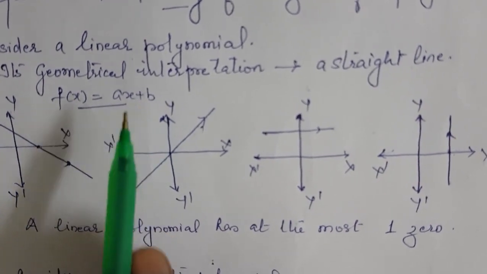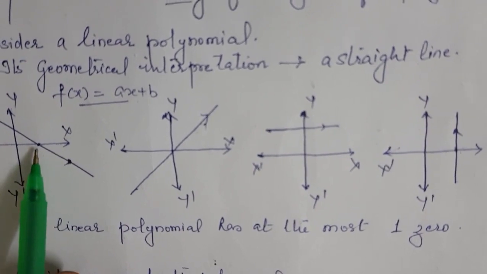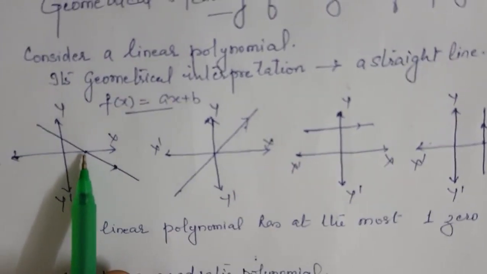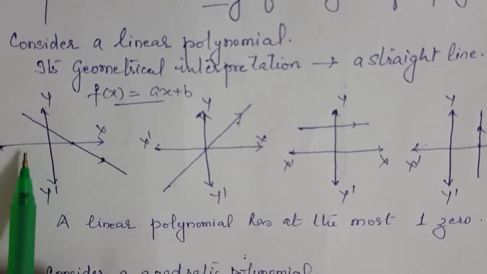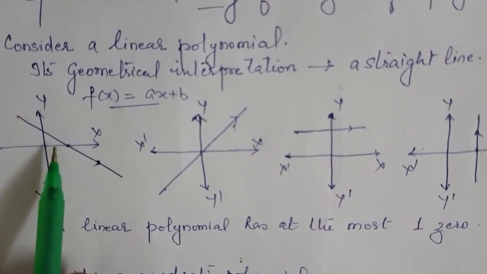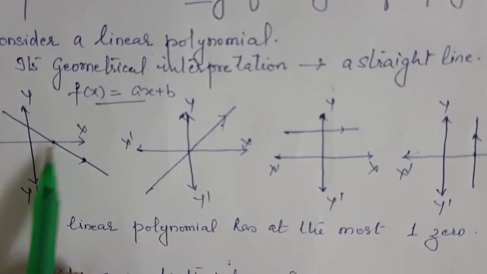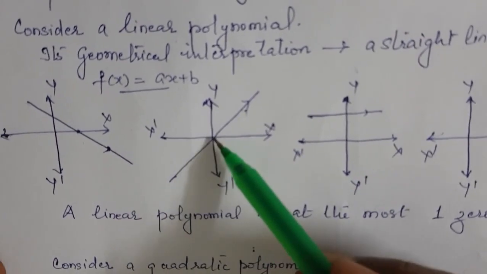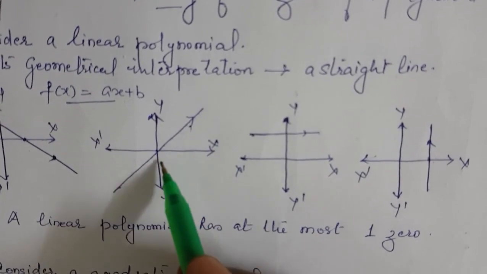So we are considering the straight line at that point where it is crossing or intersecting the x-axis. In this case, the line is crossing the x-axis at one point. Here also it is intersecting the x-axis, but it is passing through the origin.